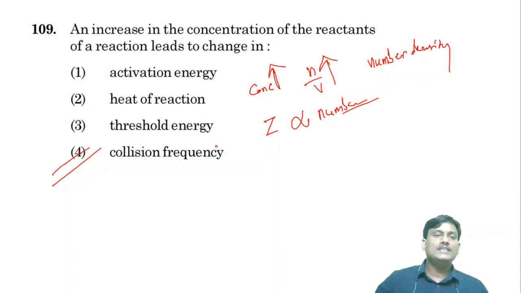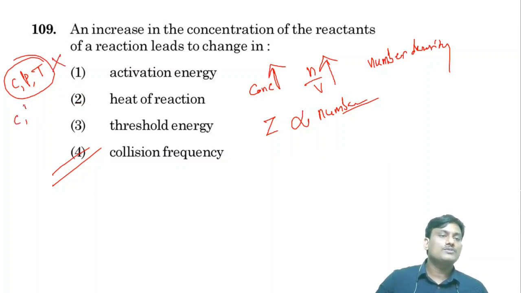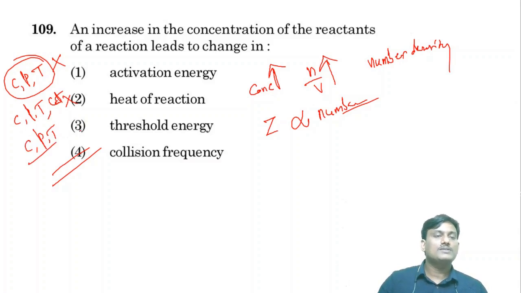Activation energy is independent of concentration, pressure, and temperature. Heat of reaction also does not depend on concentration, pressure, temperature, or even catalyst. Catalyst cannot change heat of reaction. Threshold energy is also independent of concentration, pressure, and temperature.